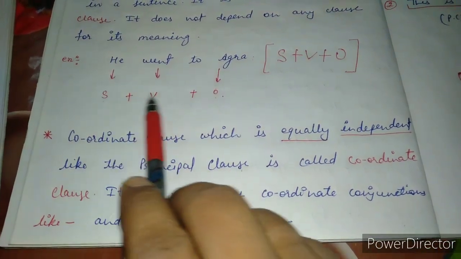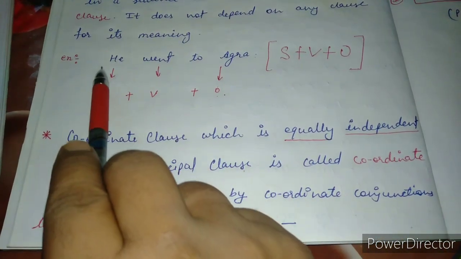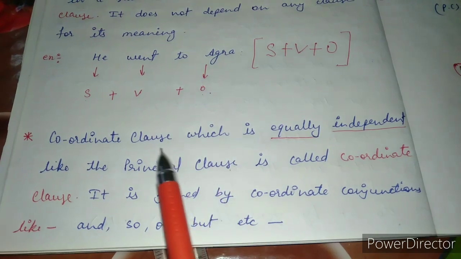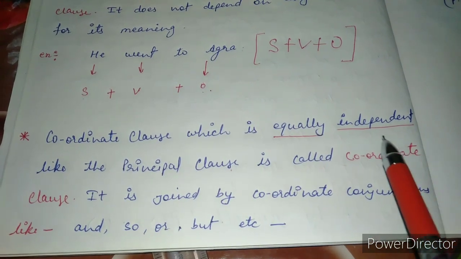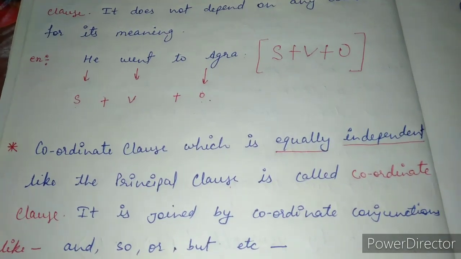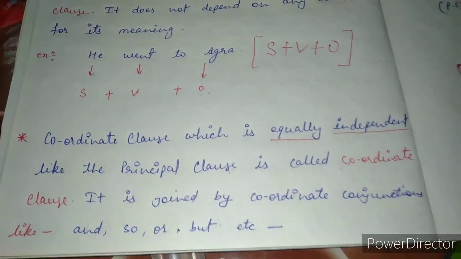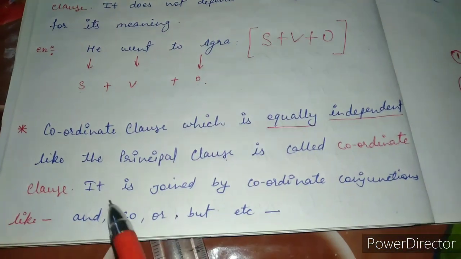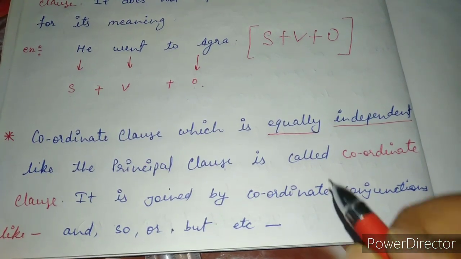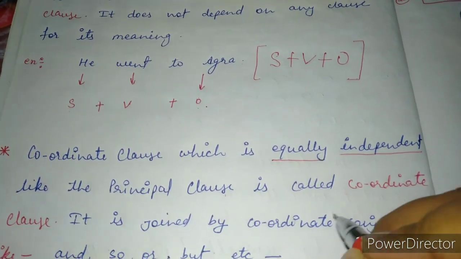Children, this is a principal clause. You can see here that this sentence is independent. And if you talk about a coordinate clause, a coordinate clause is also independent, but we can see some differences. Let us see what the difference between these two is.